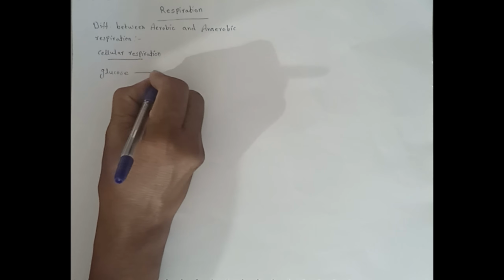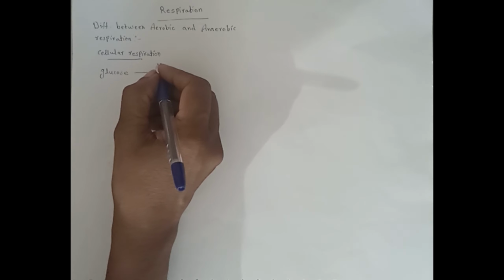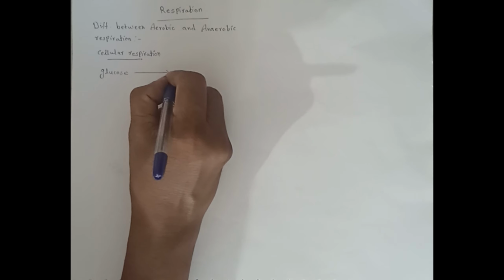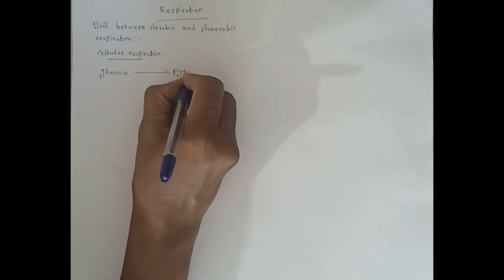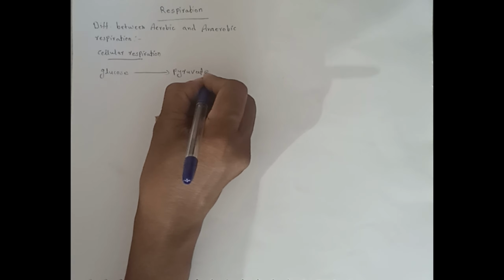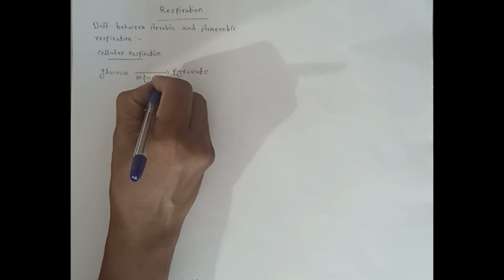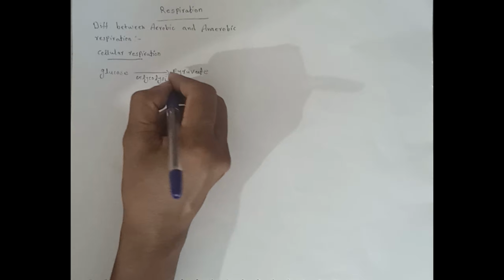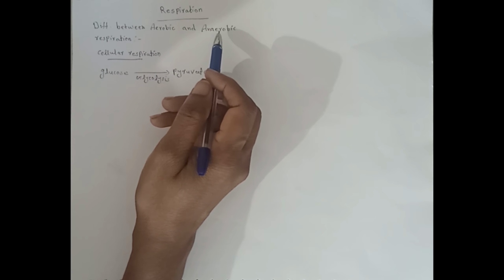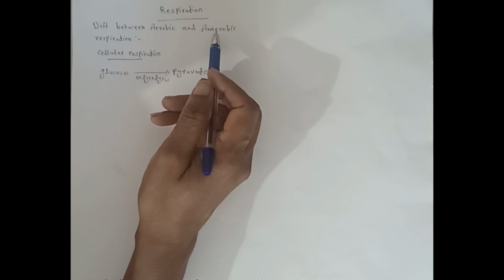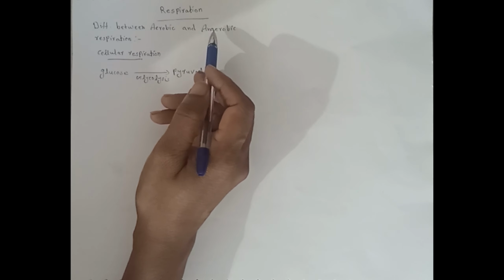Six carbon glucose is converted into pyruvate, a 3 carbon molecule, by the process of glycolysis. This is the first step in cellular respiration, which is conducted inside the cell and is also known as chemical respiration.